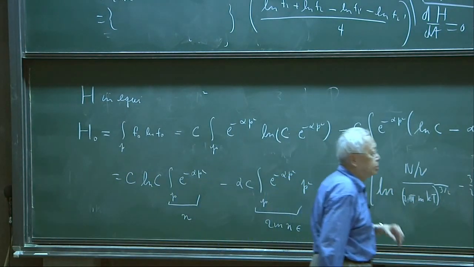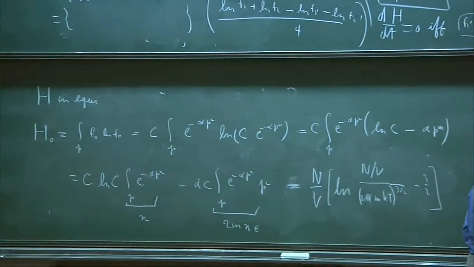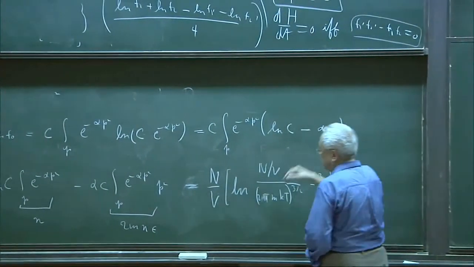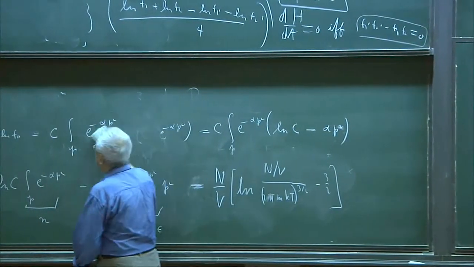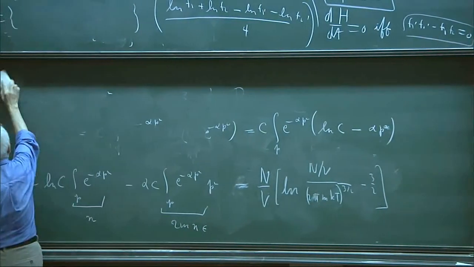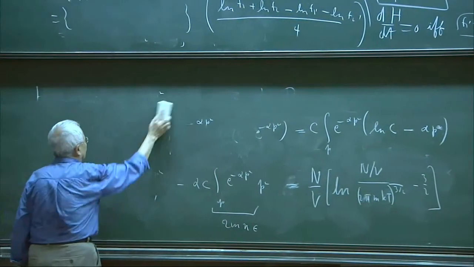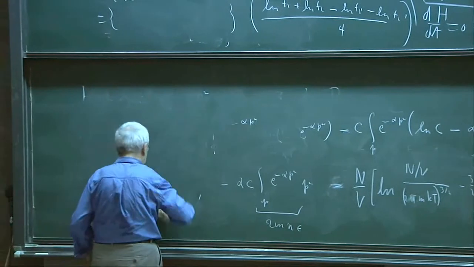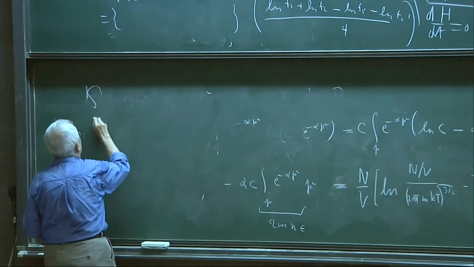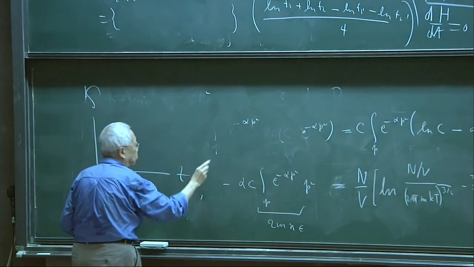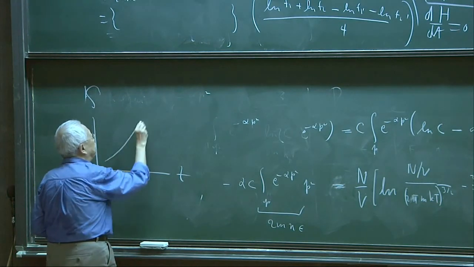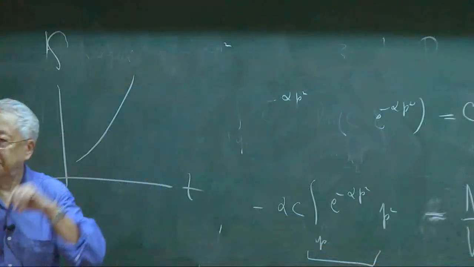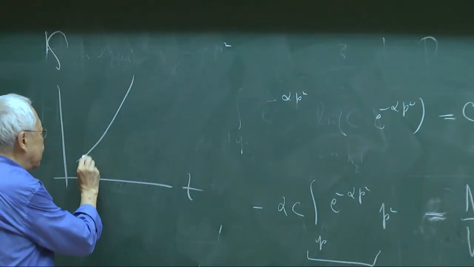How does a true S look like? It would look something like this. This is S as a function of time. According to our thing, it will just smoothly go up forever. But actually, it looks like this.